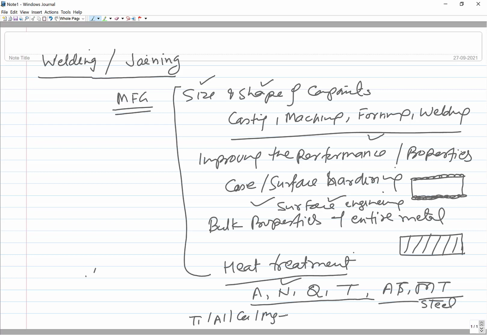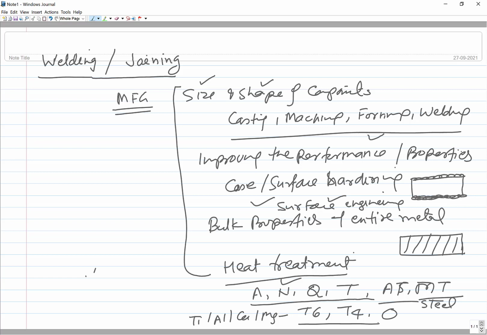These are completely different from ferrous metals like steel and cast iron, so they need different kinds of heat treatments for property improvement, like T6 heat treatment, T4 heat treatment, or annealing.